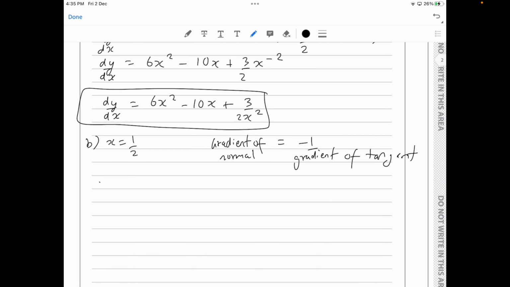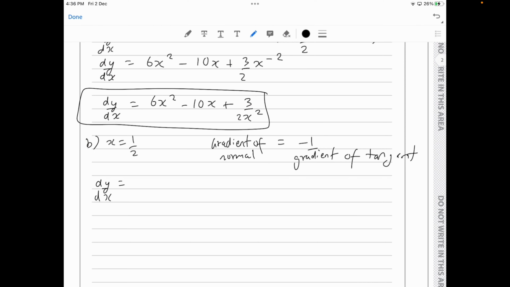So you're going to write dy over dx. The reason why we're substituting the value of x into this equation is because we're trying to find the gradient of the tangent, so that we can indirectly find the gradient of the normal, which we can use to find the equation of the normal itself.